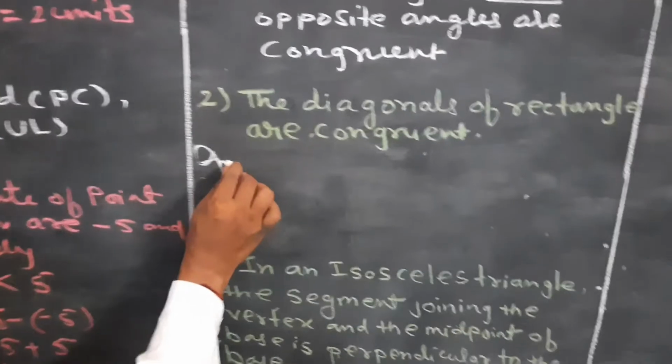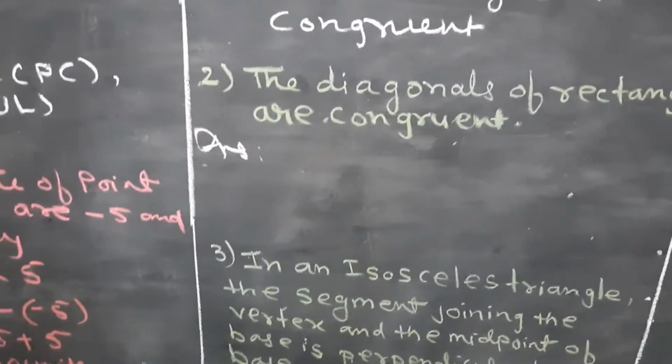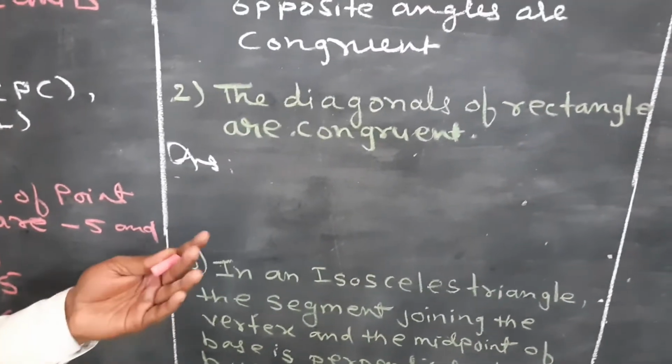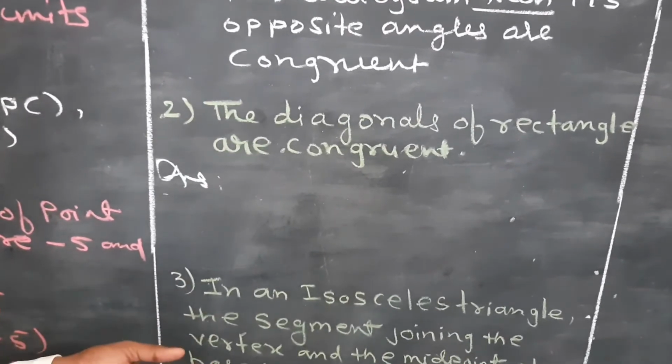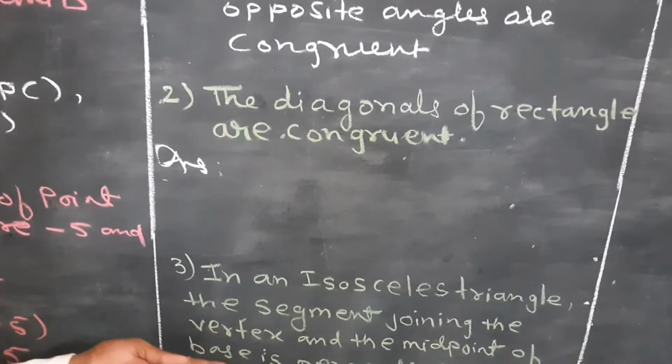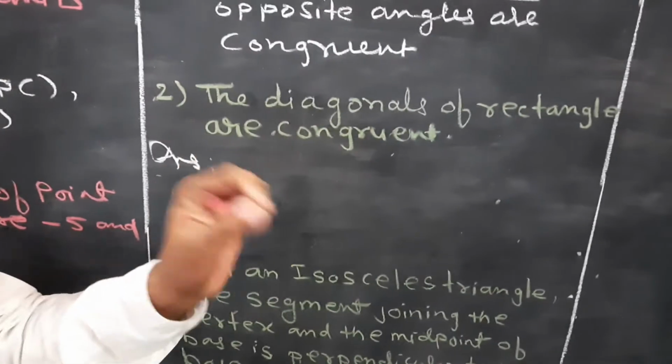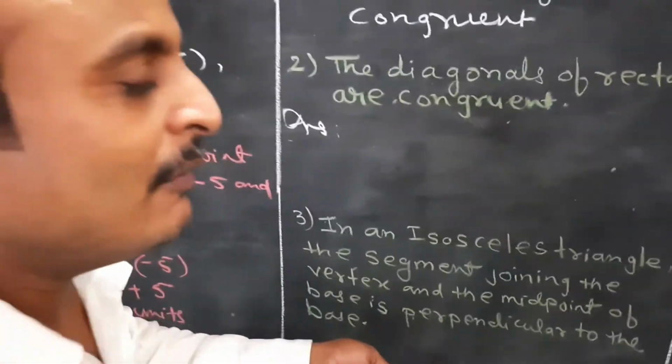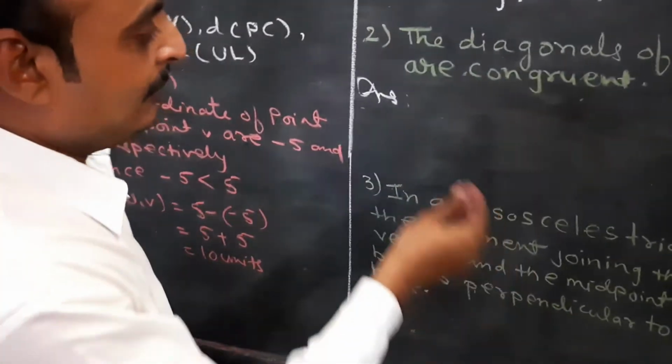Second question: the diagonals of rectangles are congruent. It is also very easy. How can you say this in conditional form? If a quadrilateral is a rectangle, then its diagonals are congruent. Now it becomes conditional.